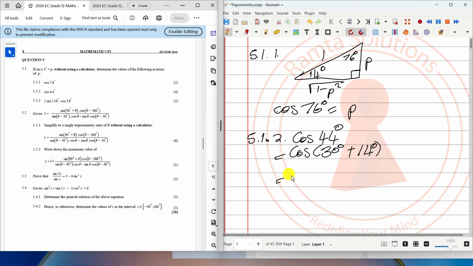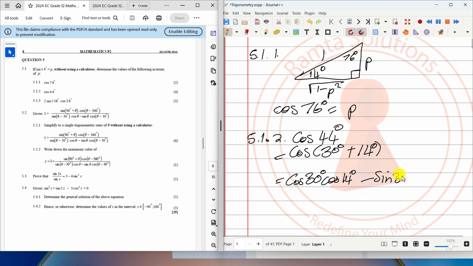The information is given. It'll be cos minus. Because this is 30 plus 14, it'll be cos 30 degrees times cos 14 degrees minus sine 30 degrees times sine 14 degrees. So what is cos 30?